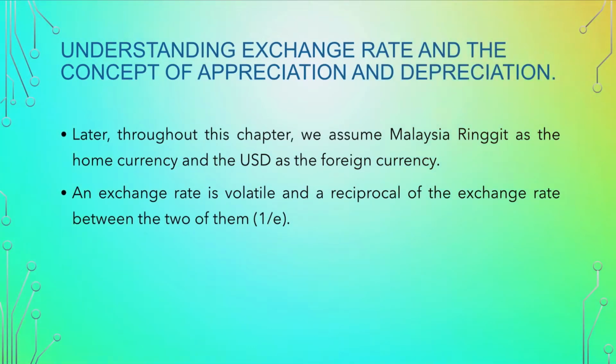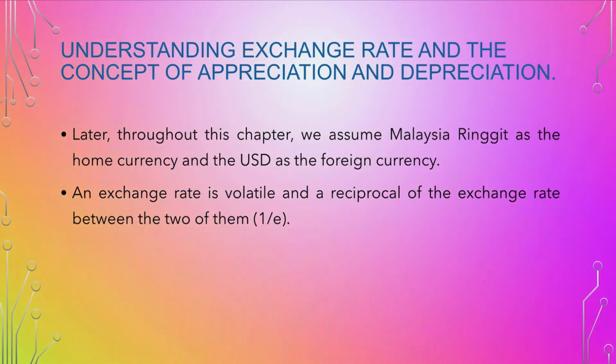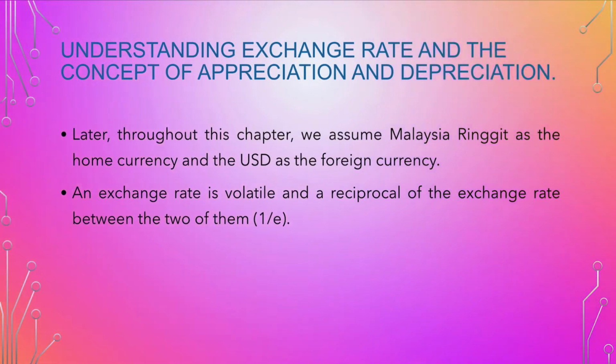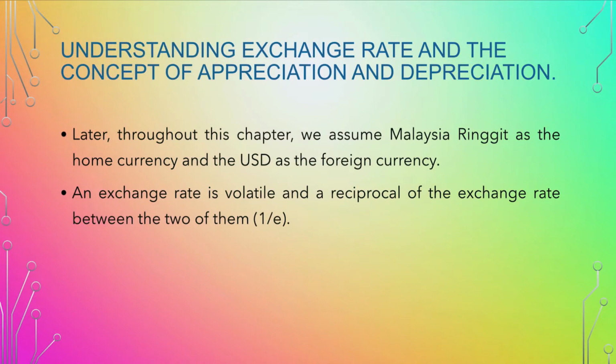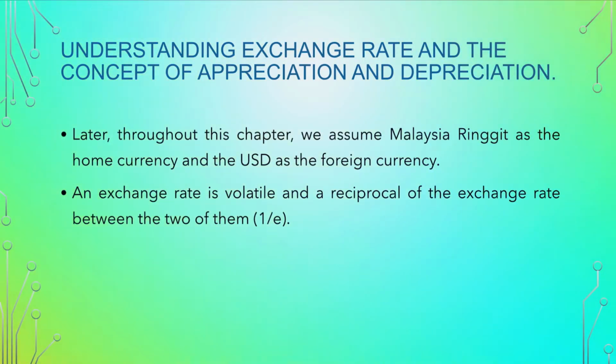Now, let's understand the exchange rate and the concept of appreciation and depreciation. What is the difference between appreciation and depreciation? Throughout this chapter, we assume Malaysian ringgit as the home currency and US dollar as the foreign currency.